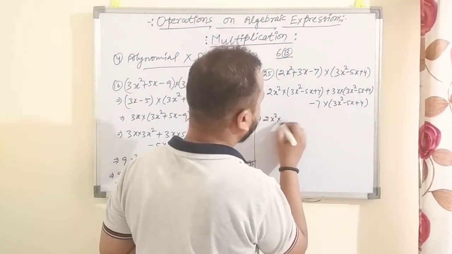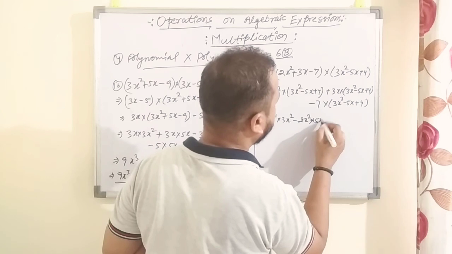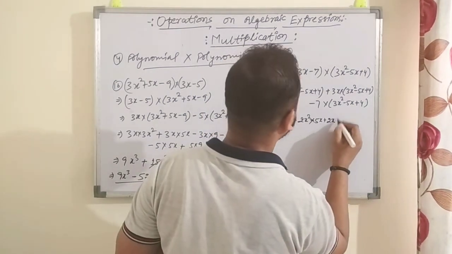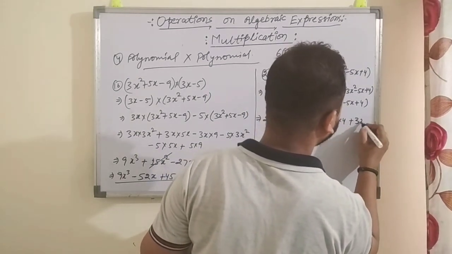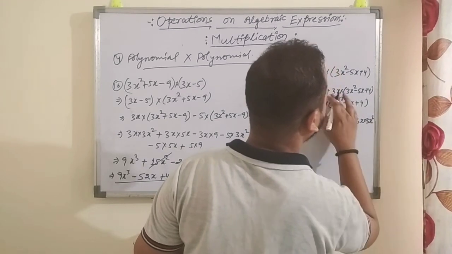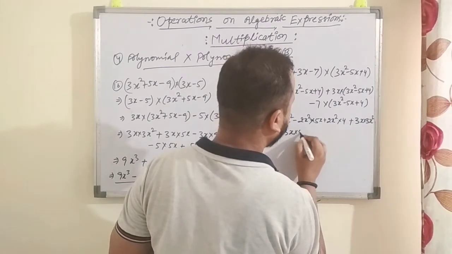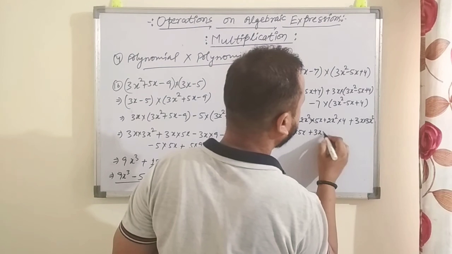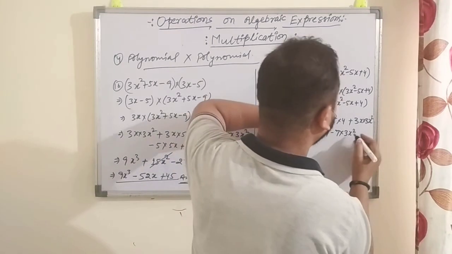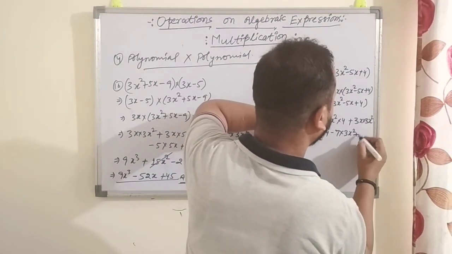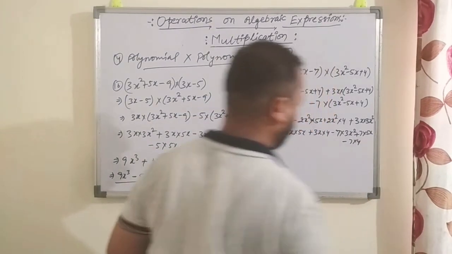So 2x square multiplied by 3x square minus 2x square multiplied by 5x plus 2x square into 4, plus 3x multiplied with 3x square, then minus 3x multiplied with 5x, then plus 3x multiplied with 4, then minus 7 multiplied with 3x square, then minus and minus plus, so plus 7 multiplied by 5x and then minus 7 multiplied with 4.